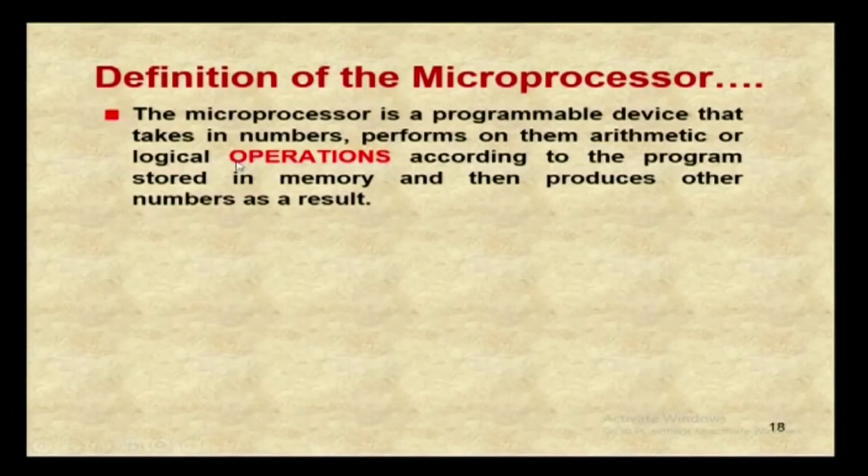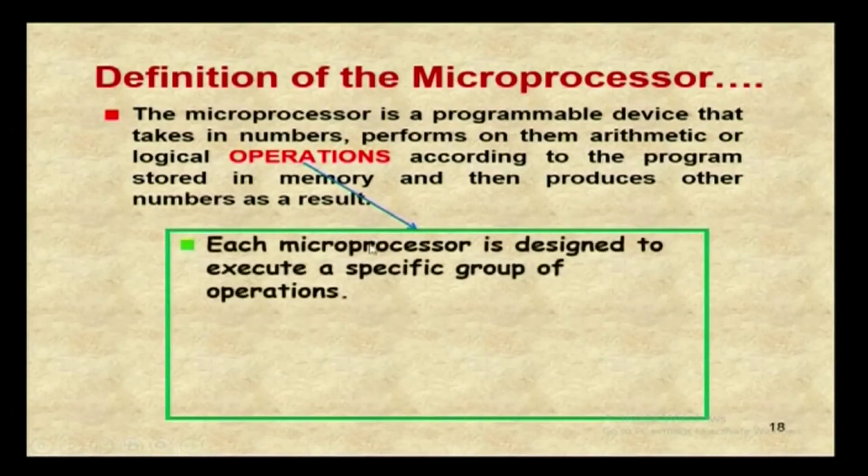Again, a microprocessor is a programmable device that takes numbers and performs arithmetic or logical operations. What is meant by operations? Each microprocessor is designed to execute a specific group of operations.